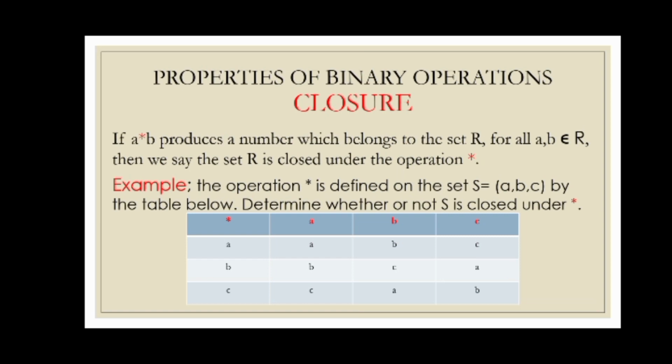Take a look at B star C. We have the element A, which belongs to the set S. Then C star C is B, which also belongs to the set S. The point we are trying to make is that if an element operates on another element and produces an element in the given set, then it's closed.